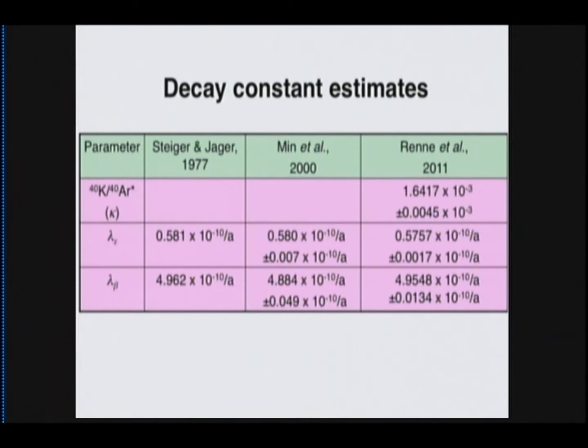So increases ages that are based on this calibration, which I would say nowadays people have more or less switched to this calibration. So pre-2000 ages will increase by 2% if you use this calibration, but many ages published after 2000 only increase by 1% if you use this calibration.